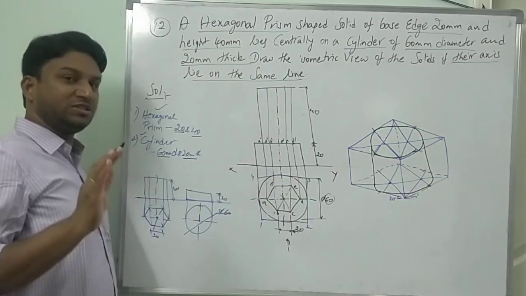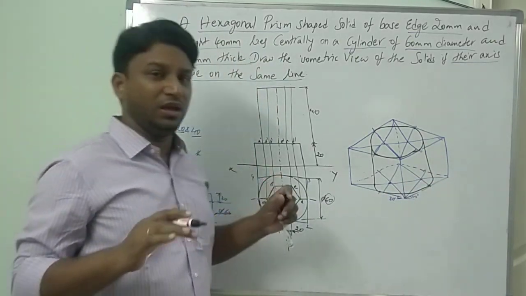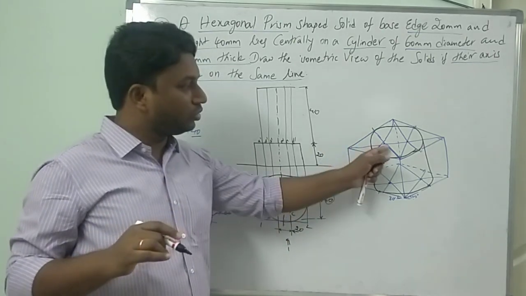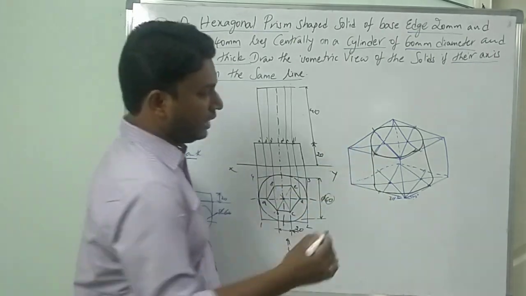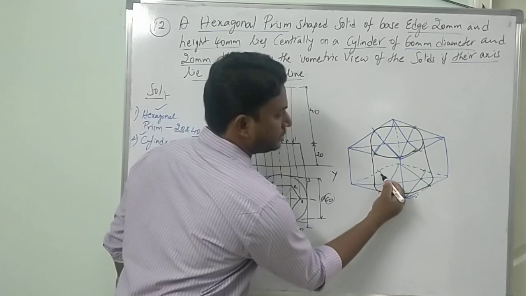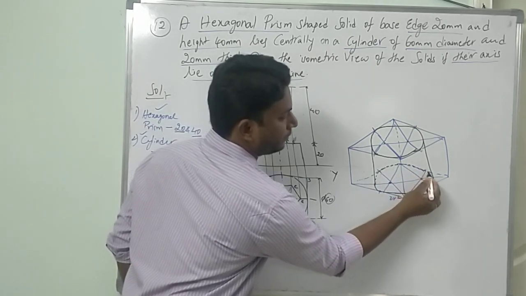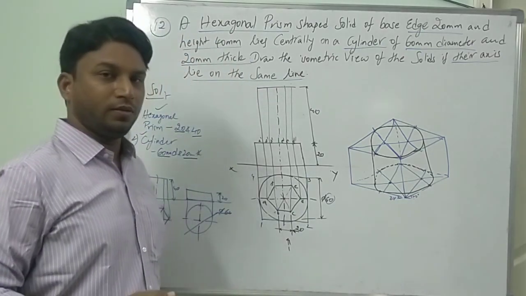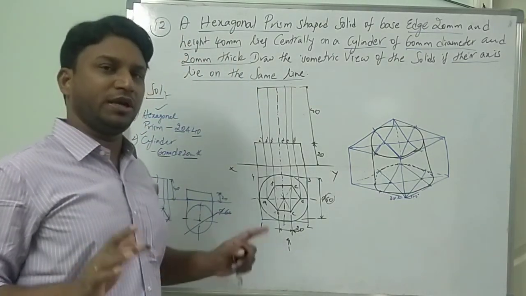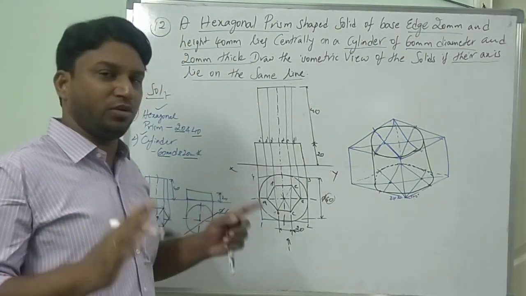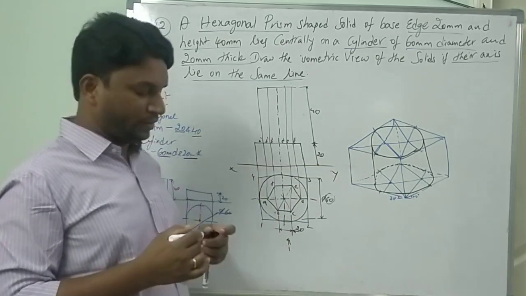See, I have drawn just boundaries. It's a mesh of lines, total lines here, total lines here. But in actual, what will happen? Here come hidden lines. No need to show hidden lines, but if you want to do it in a very good manner, just show hidden lines, no problem, right?